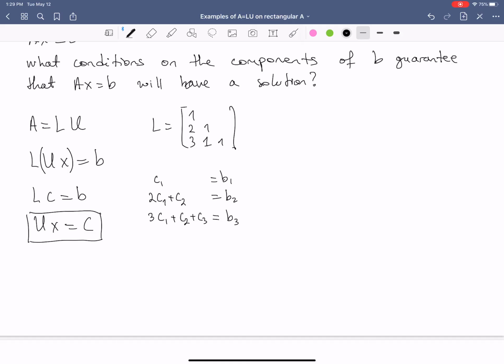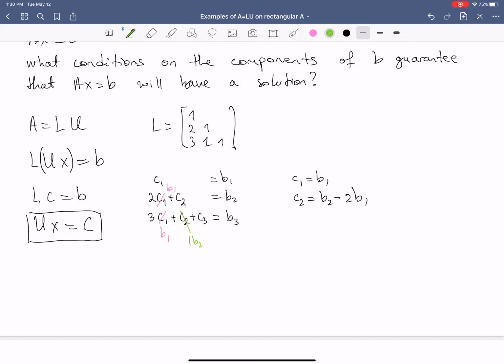Now let me express the C's through the B's. So I know that C1 equals B1. All right, C1 is B1. So I can replace C1 with B1 in the second equation and in the third equation. From the second equation, I can write C2 as B2 minus 2B1. Now I can replace that instead of C2.